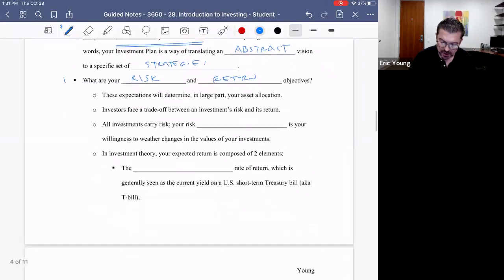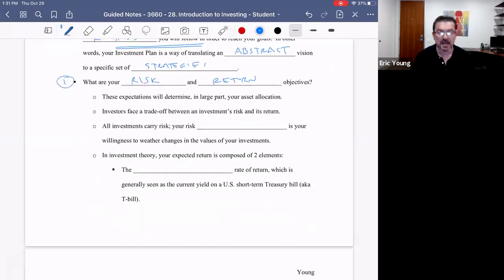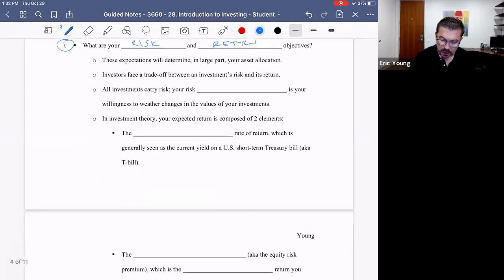In this question, we get to the risk and return angle of investing. Ultimately, your expectations of how much you want your money to grow, which will be constrained by your threshold for risk, will determine in large part your allocation, and will determine in large part which of the goals that you set will be feasible and which ones may not.